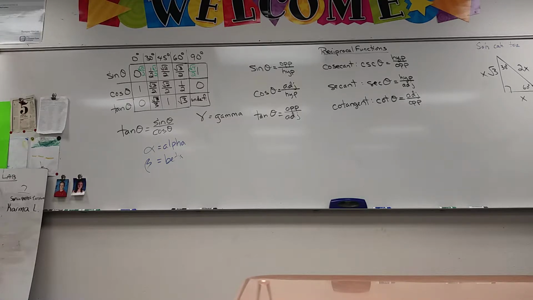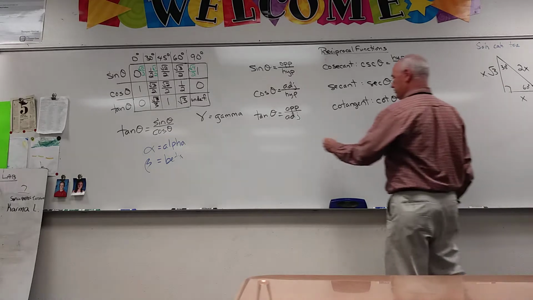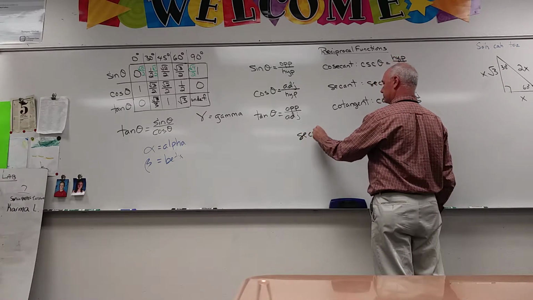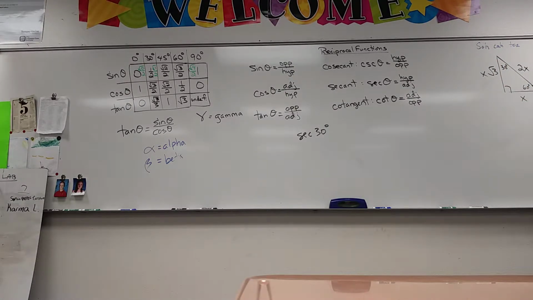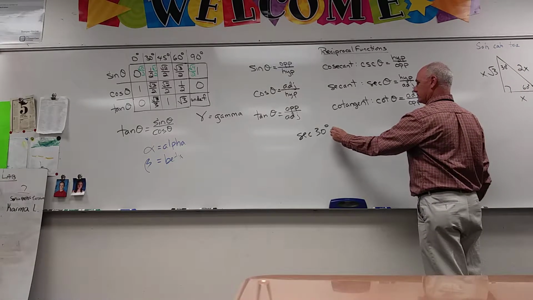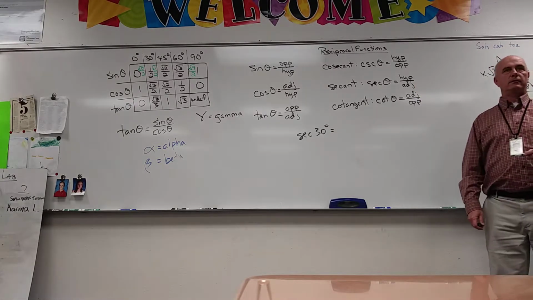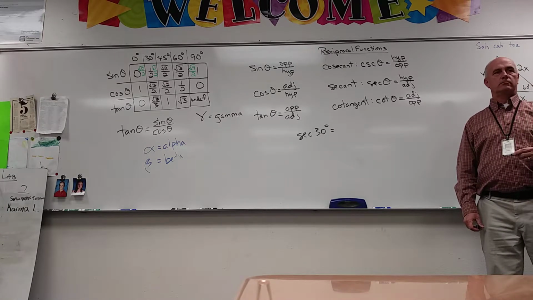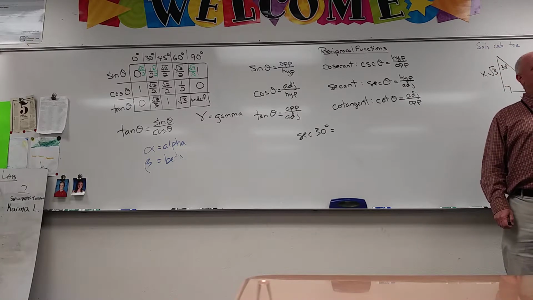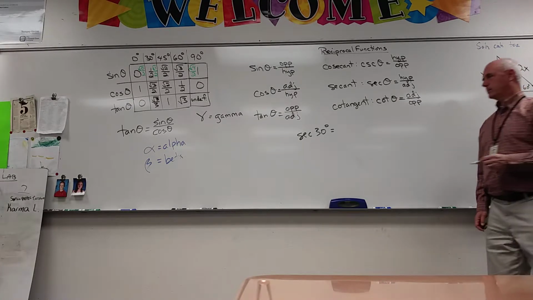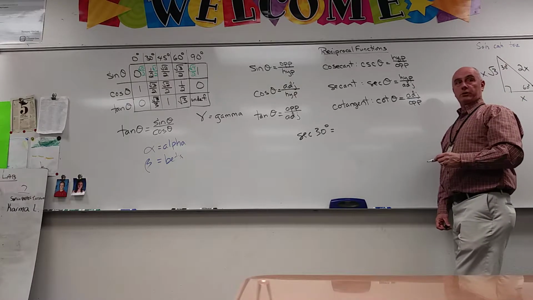Therefore, what is the secant of 30 degrees? Secant of 30 degrees is the reciprocal, very important to distinguish, of cosine.